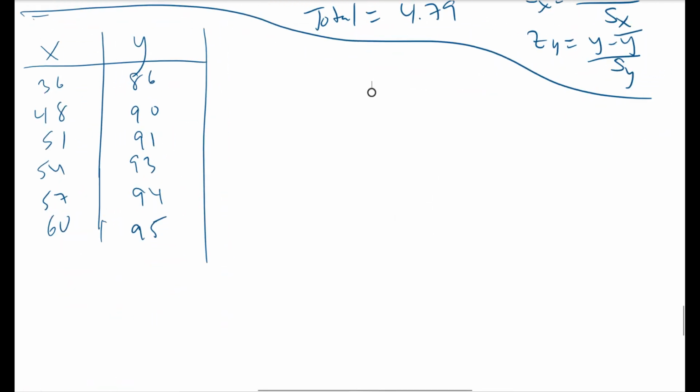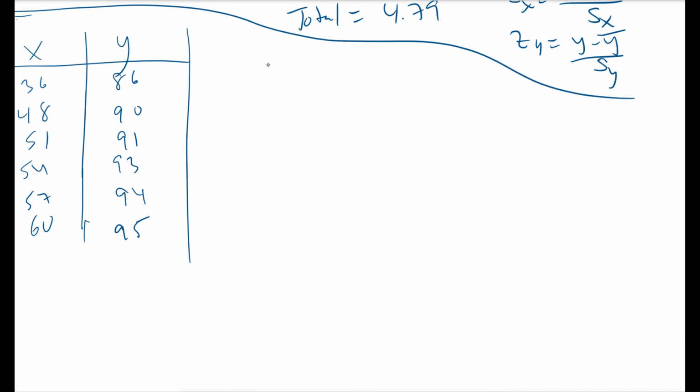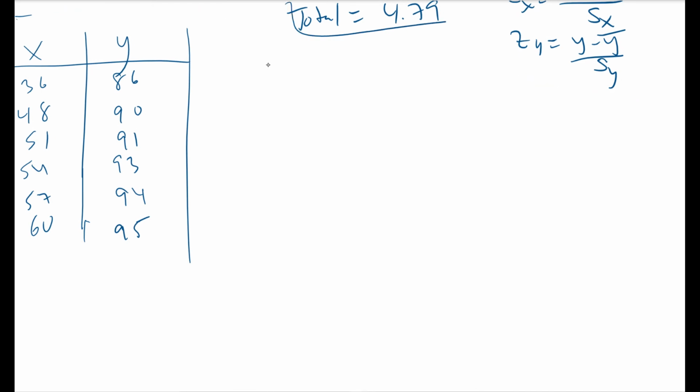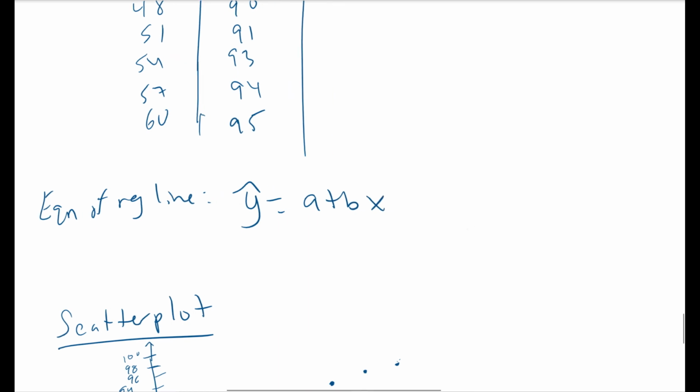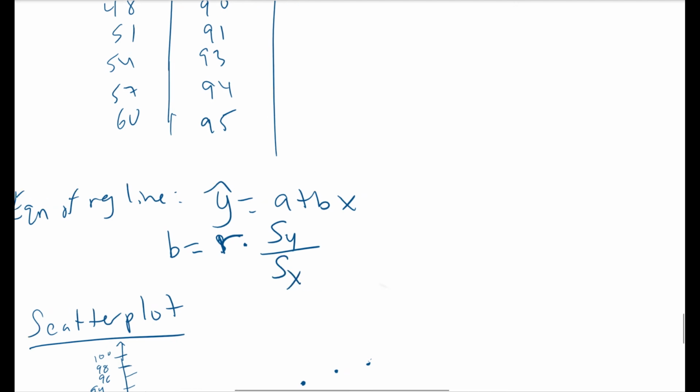Okay, so the equation of the regression line, remember, is going to be y hat equals a plus bx. All right, and the formula for b is the r value that we calculated times the sy that we calculated over the sx that we calculated.